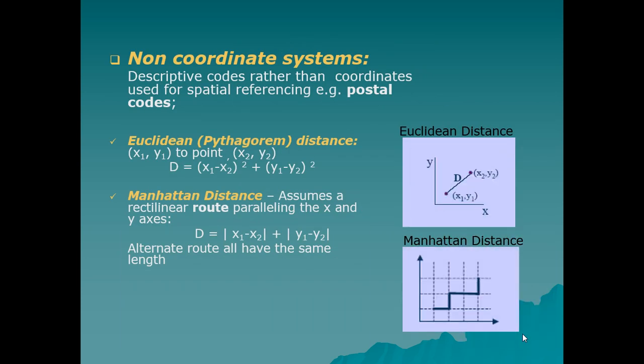Okay, so let's look briefly at some examples of non-coordinate systems. One very common one that most of us may be familiar with would be the postal code system. The postal code system is really descriptive codes, usually using letters or numbers or a combination of both, that allow you to approximate the location of a building or an address.